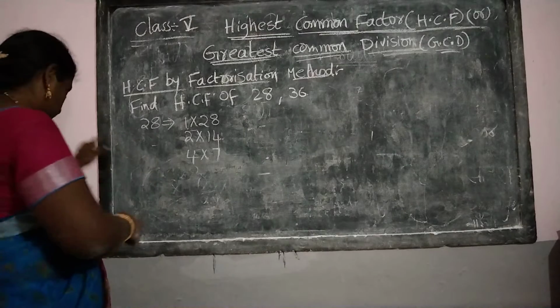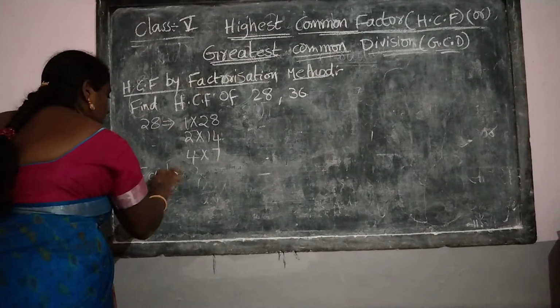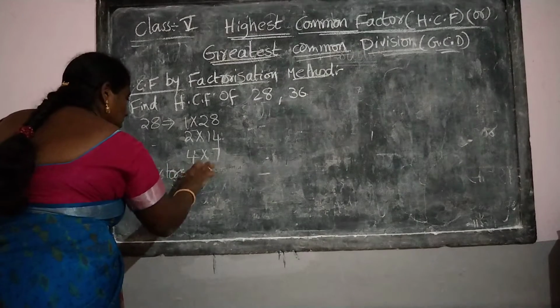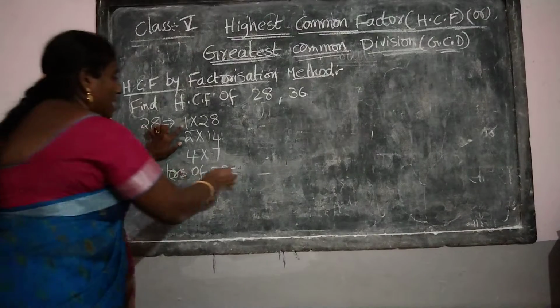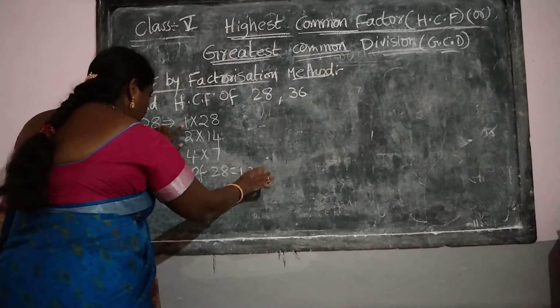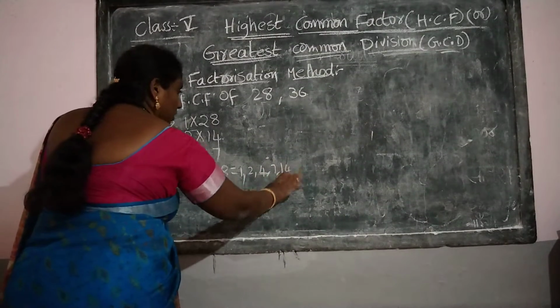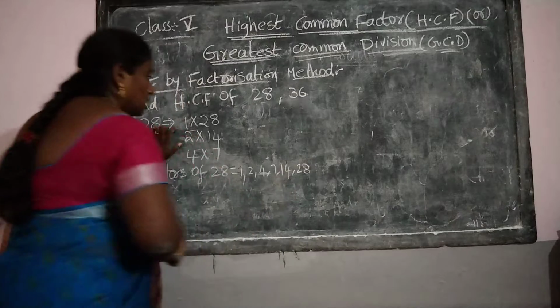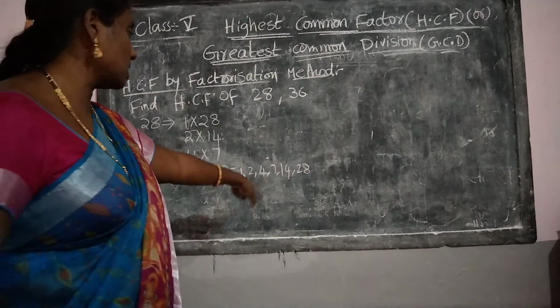These are all the factors. So the factors of 28 are 1, 2, 4, 7, 14, 28.